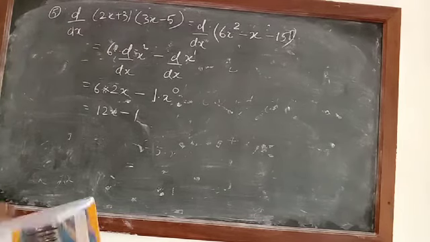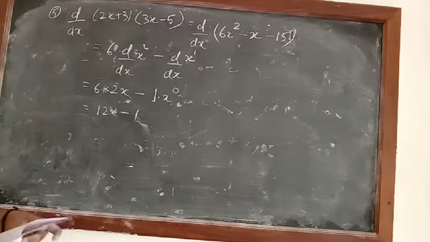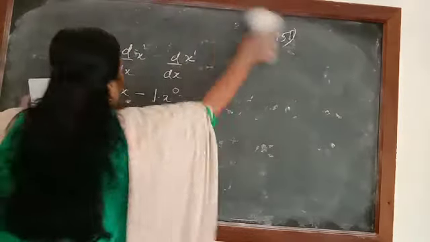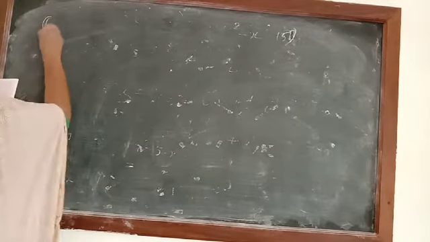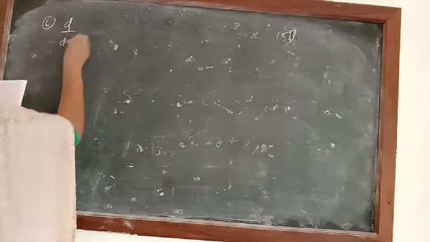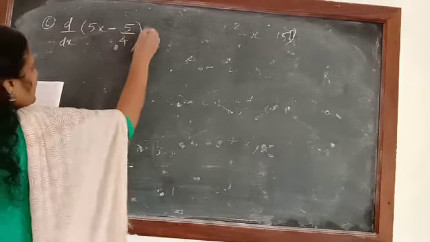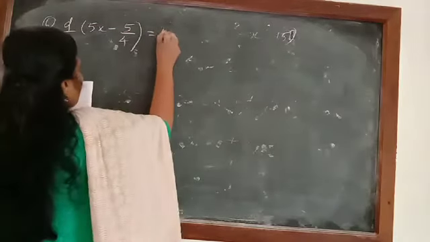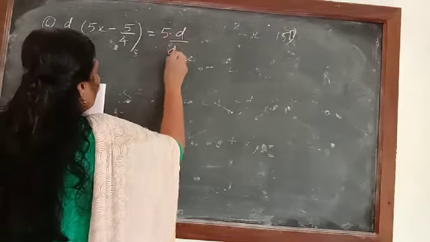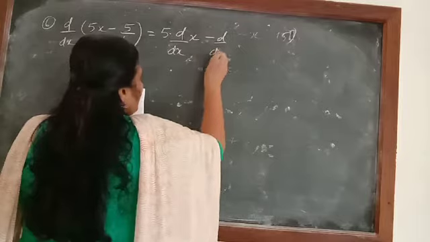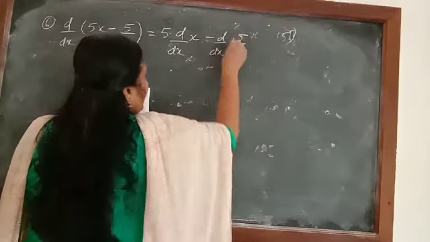Okay, now the next question. The next question is given: 5x minus 5 by 4. So the sixth question is d by dx of 5x minus 5 by 4. You can write them separately. Then it will be equal to 5 into d by dx of x minus d by dx of 5 by 4.